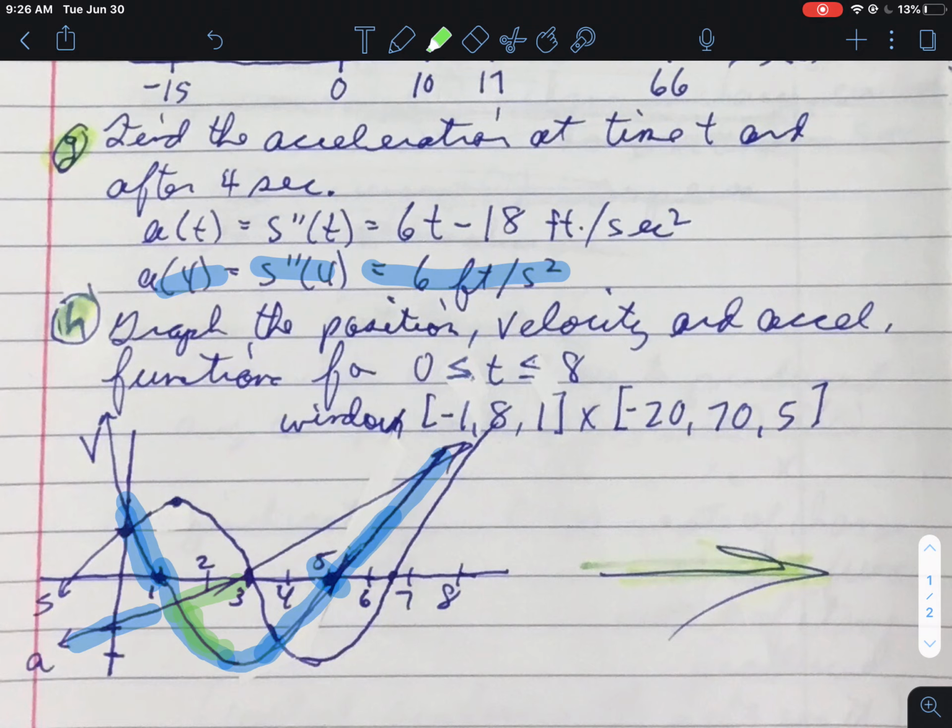Then on the interval from 3 to 5, we said the object was slowing down. Negative velocity. Notice your acceleration in this case is positive. And then over the last interval where we said we were speeding up from 5 to 8, both velocity and acceleration are positive.